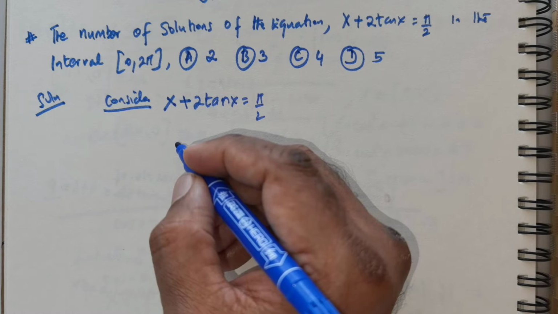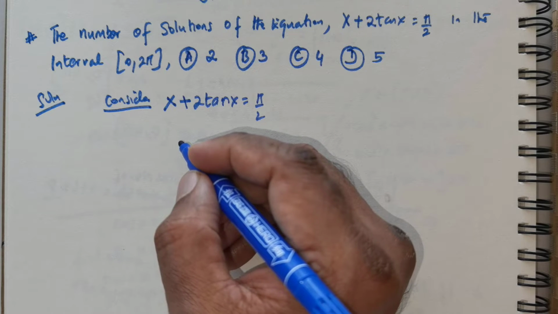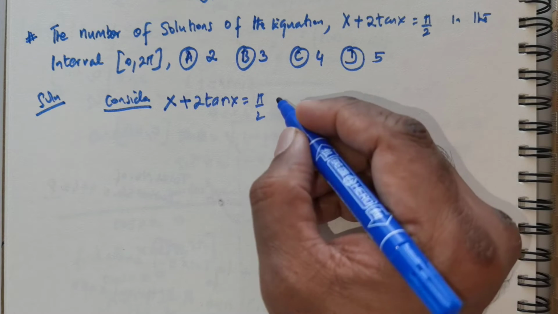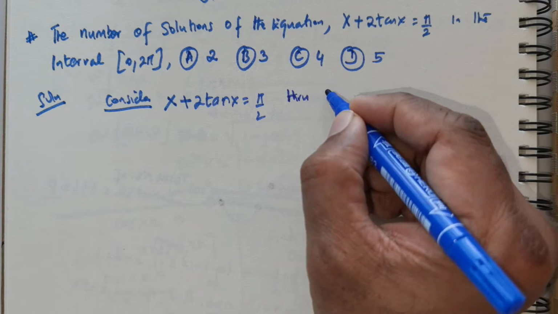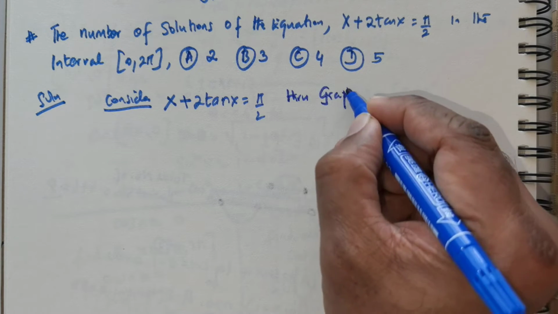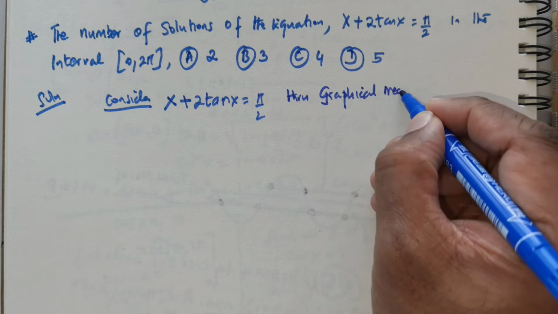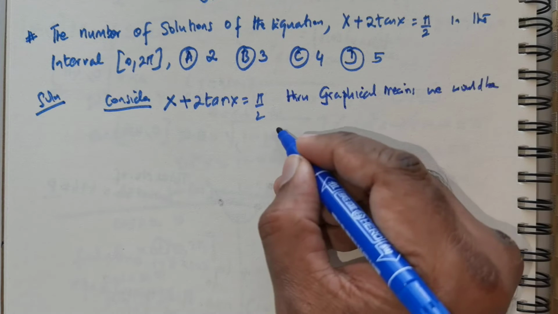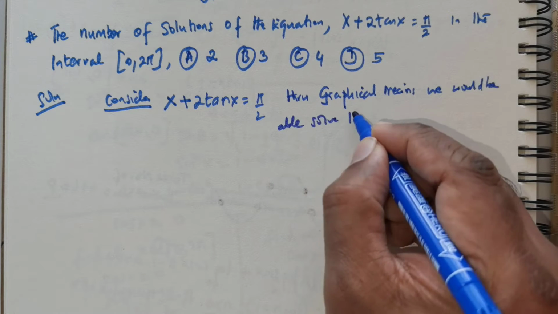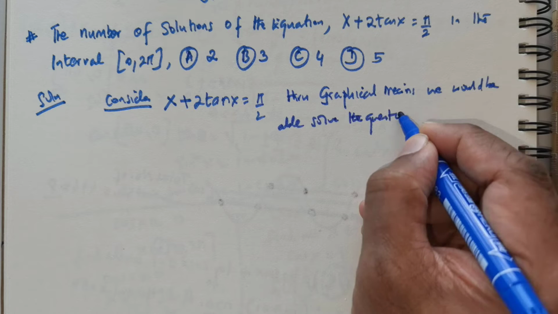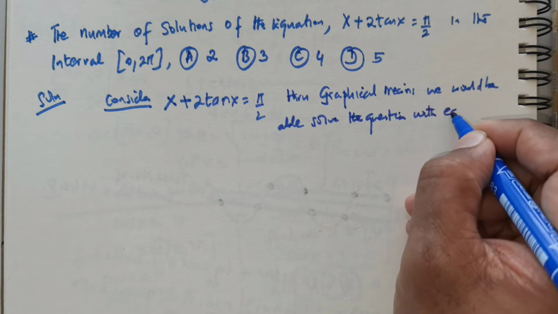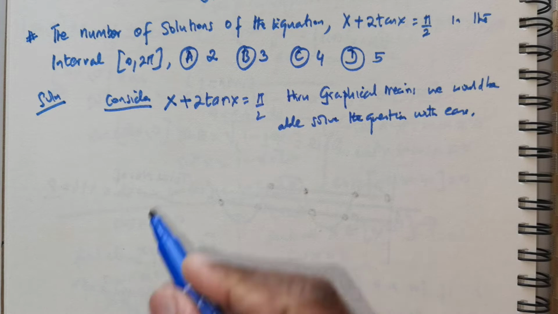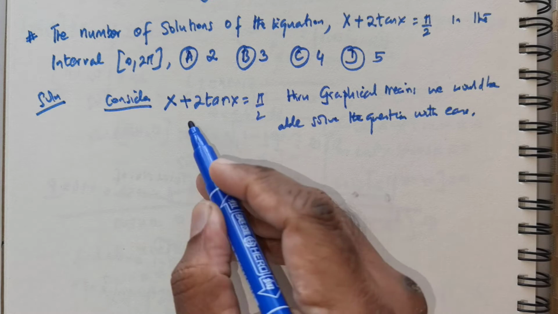Instead of saying it would be impossible, the approach would be complex. So the best way to approach this question is by graphical means. Through graphical means, we would be able to solve the question with ease. That's the important part. For that, we will have to slightly modify the given equation.